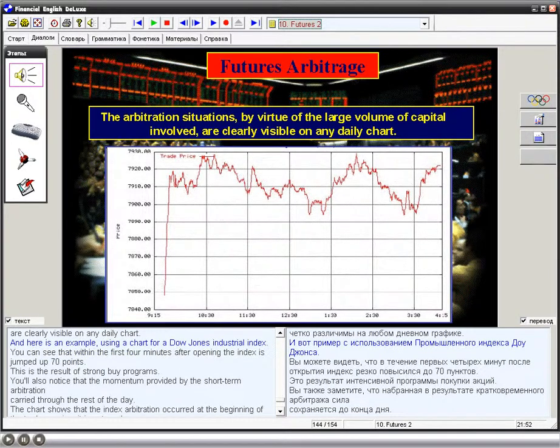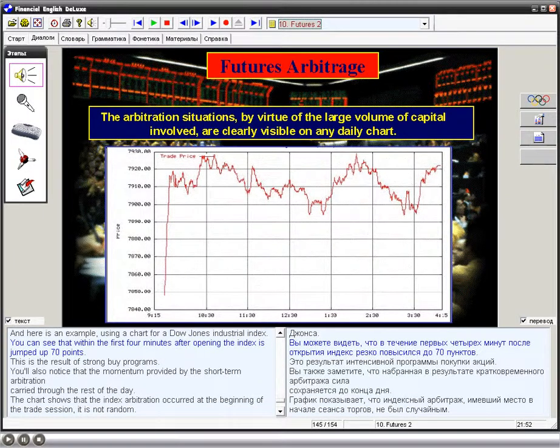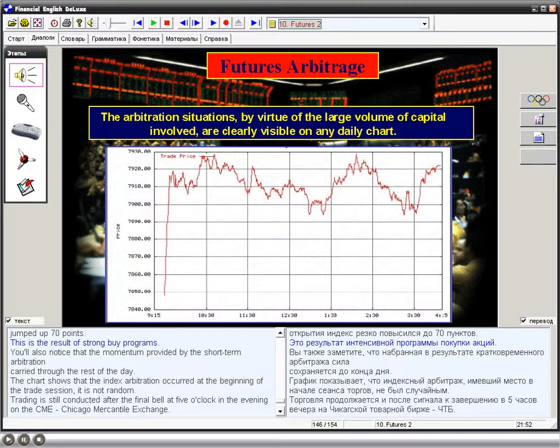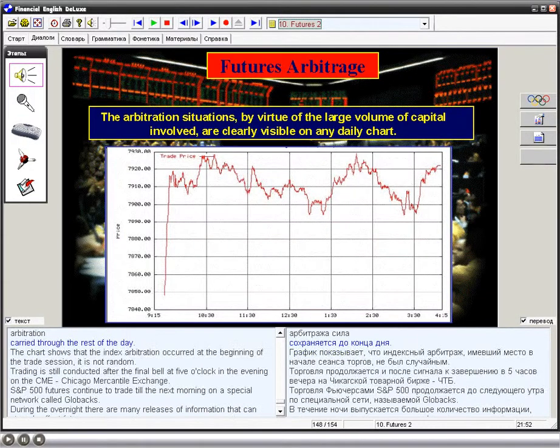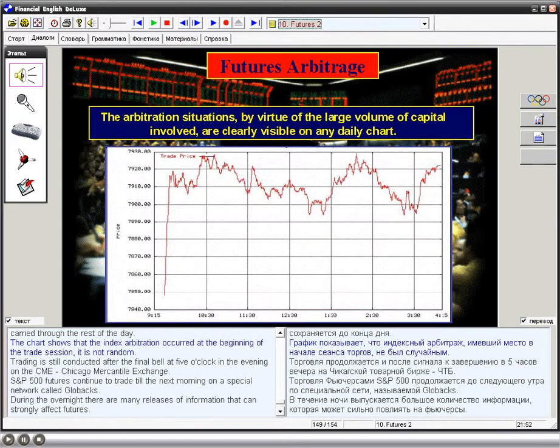And here is an example using a chart for the Dow Jones Industrial Index. You can see that within the first 4 minutes after opening, the index has jumped up 70 points. This is the result of strong buy programs. You'll also notice that the momentum provided by these short-term arbitrations carried through the rest of the day.